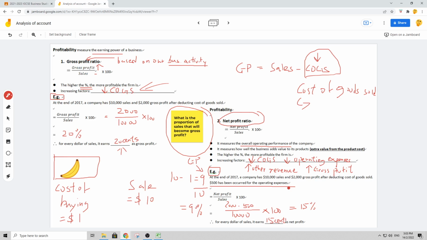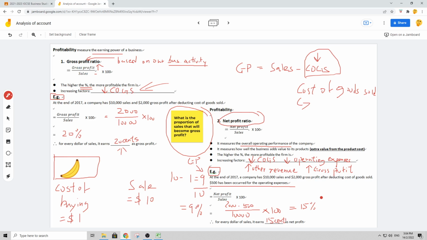It will give you some implication. If there's a huge gap between GP ratio and net profit ratio, it tells you one thing. What is that one thing, guys? So let's say GP ratio is 20%, but net profit ratio is 1%.